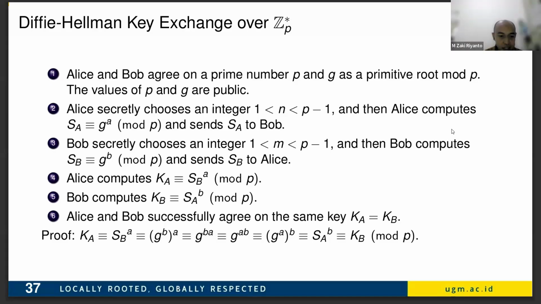And this is the proof that Alice and Bob have the same key. After Alice and Bob agree on the same key, they use the key to encrypt the message using a symmetric crypto system.